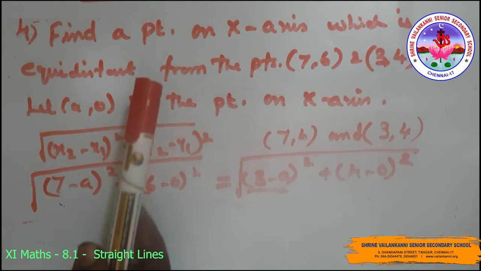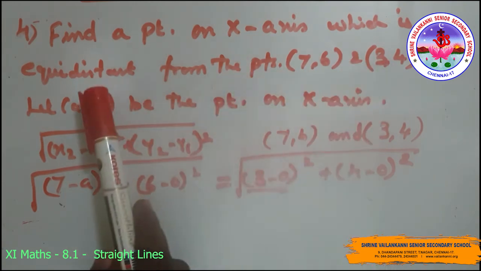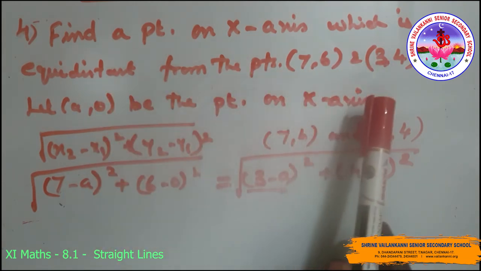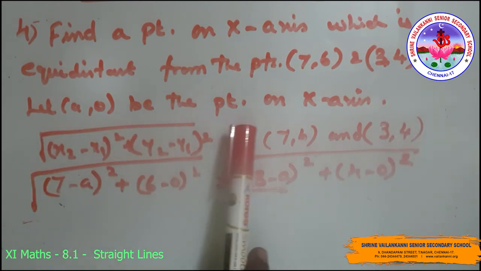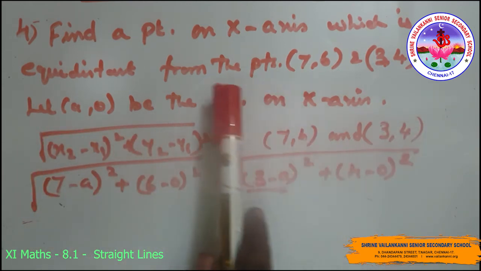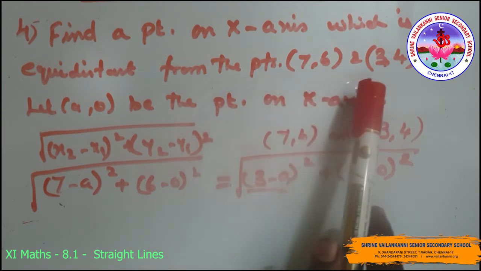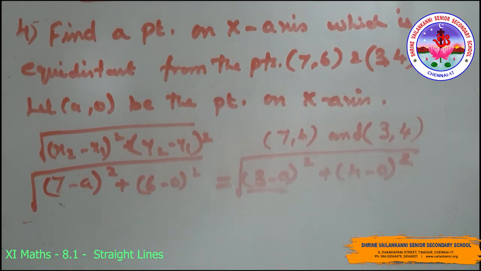Fourth question, find a point on the x-axis which is equidistant from the points (7, 6) and (3, 4). Let (a, 0) be the point on the x-axis equidistant from the points (7, 6) and (3, 4). Using the distance formula, square root of (x2 minus x1) whole square plus (y2 minus y1) whole square.